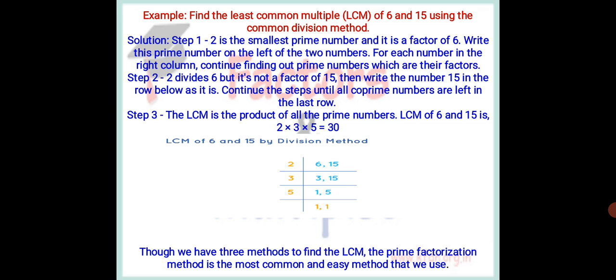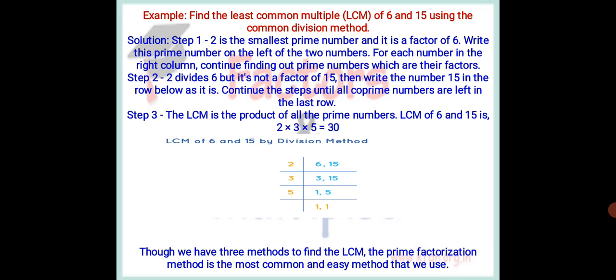What are we getting here? When we divide 6 by 2, we get 3. But when we divide 15 by 2, it will not work because 15 is not divisible by 2. So keep 15 as usual in the second level.